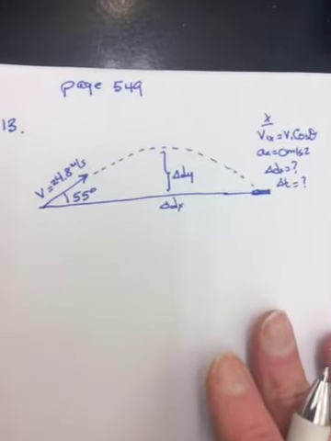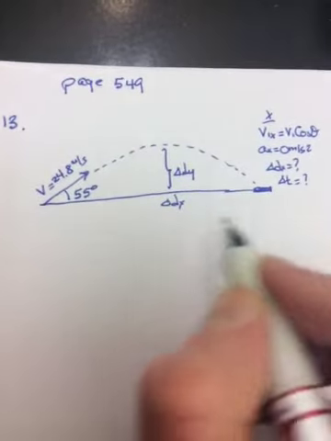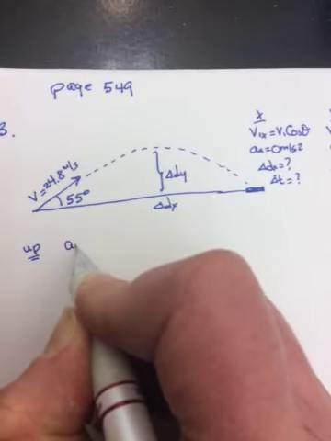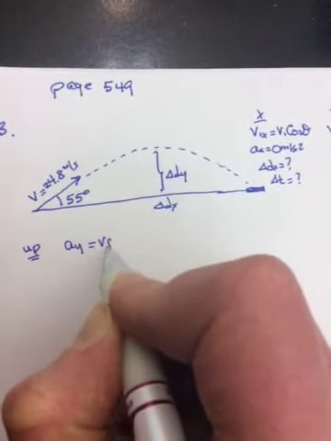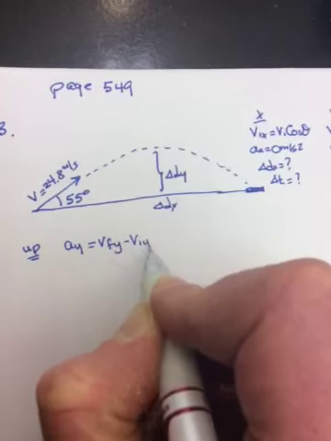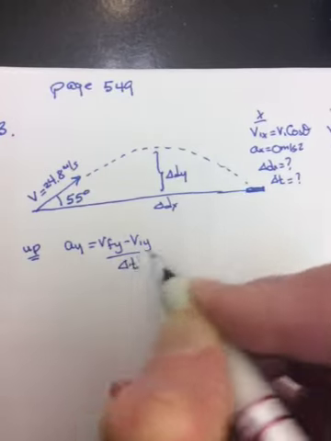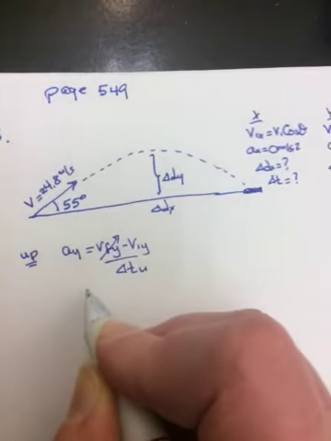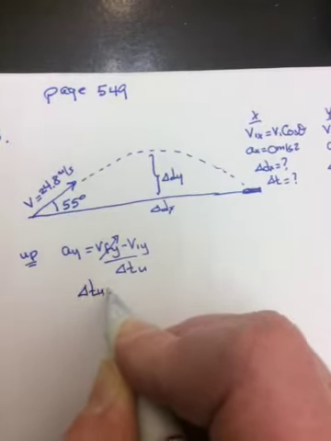So it's a ground to ground, and our trick for ground to ground is to look at just up. So if you look at just up and use AY is equal to VFY minus VIY over delta t, if it's just up, this will be TU, and this will be 0. And so we can solve for the time it takes to go up.